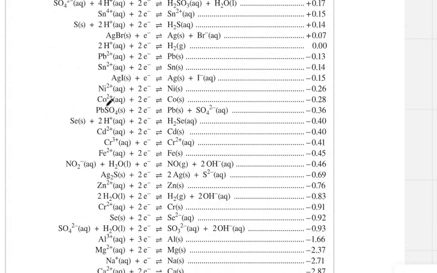Sulfate, but only with lead, so we don't have that. Potassium sulfate or water, potassium sulfate or water. Here is water. Water is our strongest oxidizer. And so we're going to get 2 H2O plus 2 electrons makes hydrogen and hydroxides.